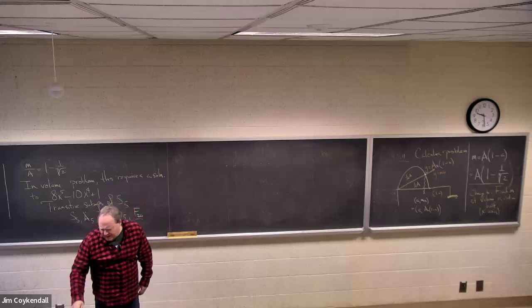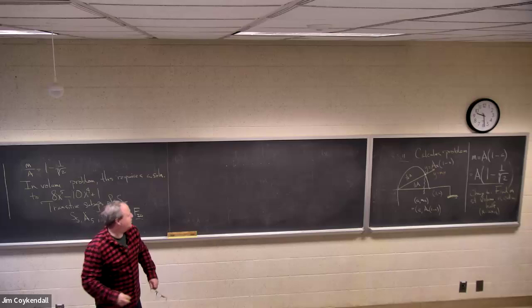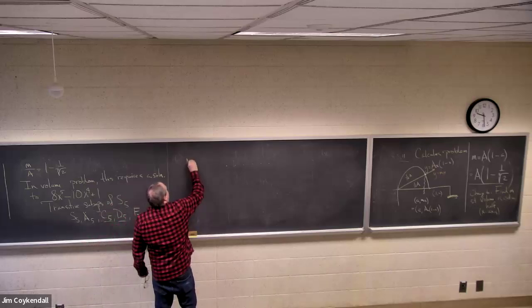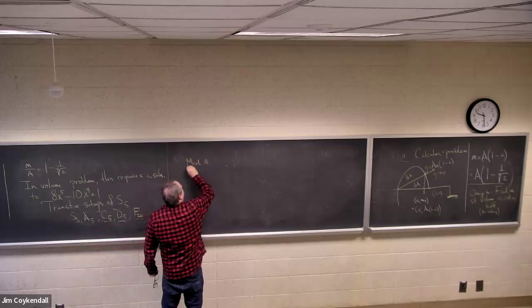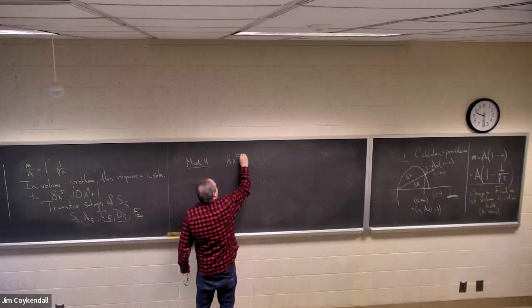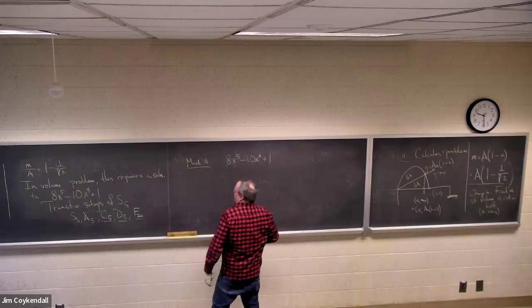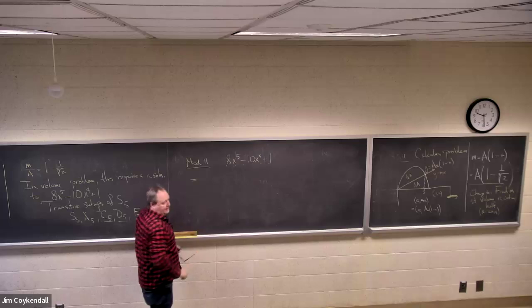So I'm going to check my factorization. Yes. Mod 11, 8x^5 minus 10x^4 plus 1 factors this way.